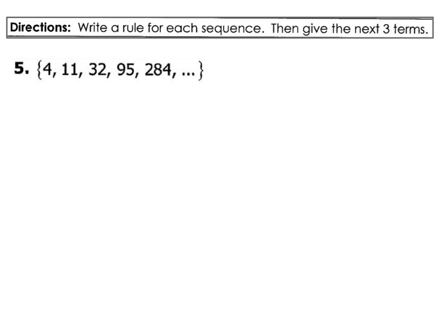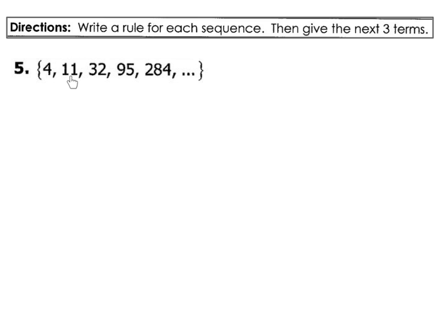So if we're looking at this sequence, we see that it goes from 4 to 11 to 32 to 95 to 284. Start with the smaller numbers because it'll be easier to recognize a pattern with smaller numbers. So we see that we go from 4 to 11, 11 to 32. Now, what I notice here, all right, hopefully you see it too, is that we triple this, subtract 1, and we get 11, right? 4 times 3 minus 1 gives us 11.